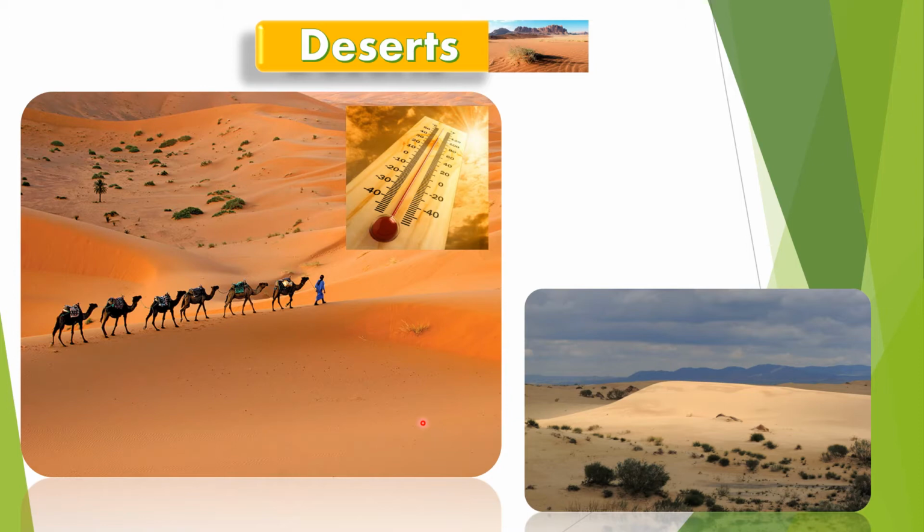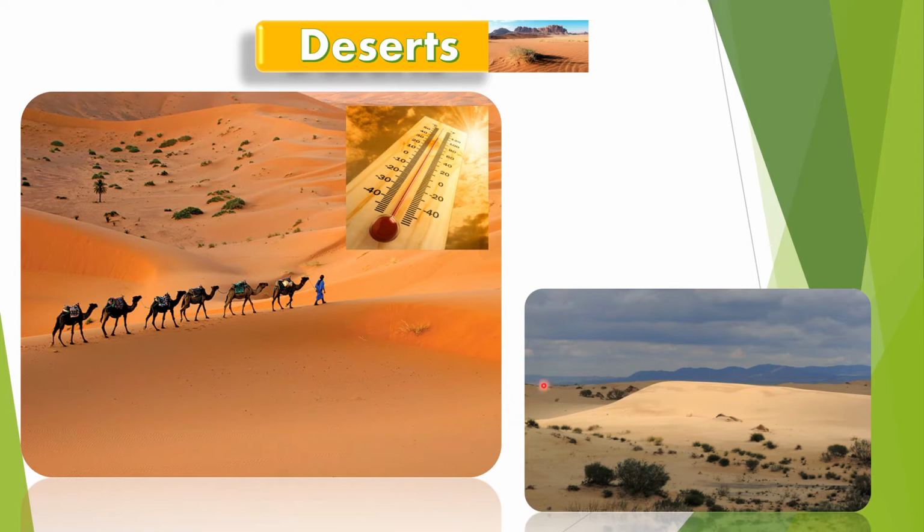As a result, they have less humidity in air. In air, they have less moisture. That is why they experience dry climate. Is it clear? And maximum time deserts are having sandy soil. Is it clear, children?